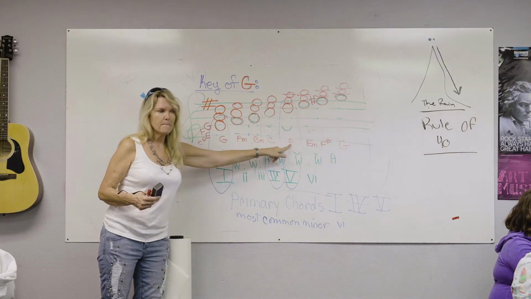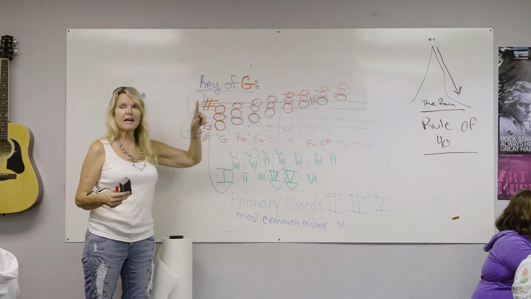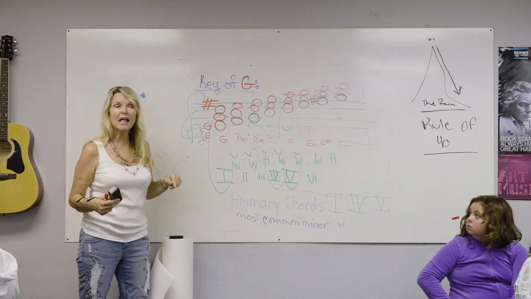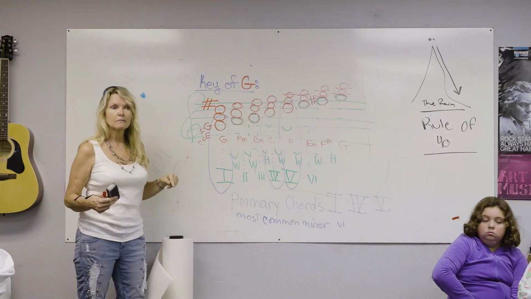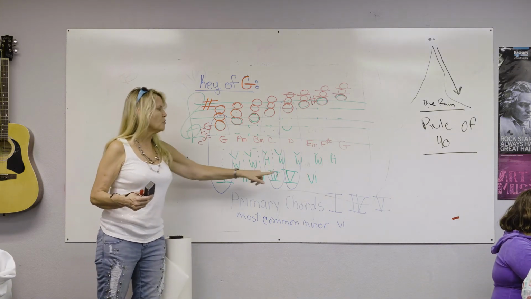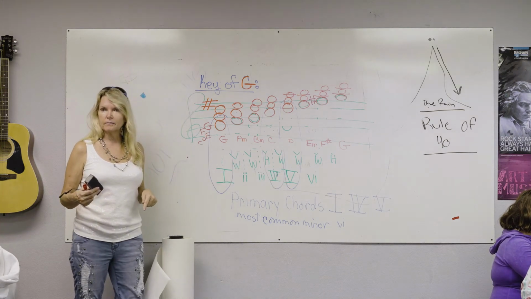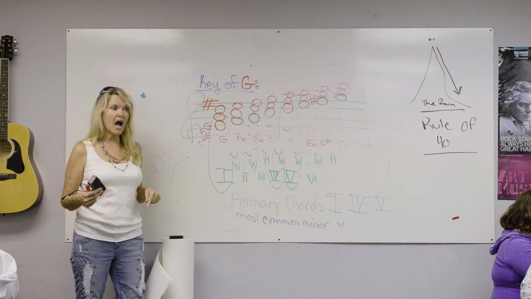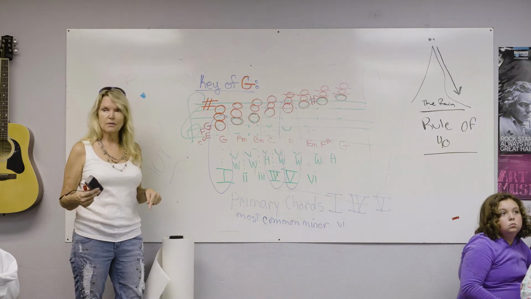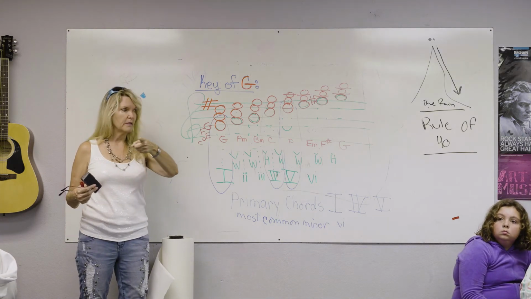D major. And if it sounds minor, you forgot to add the black key. Right? And what is the 6th chord in the key of G? E minor. Oh, I hear E minor. E minor.